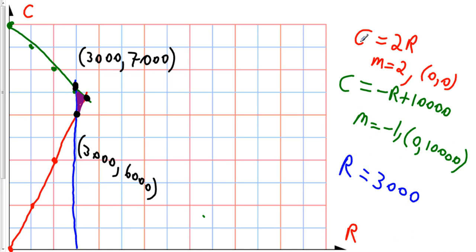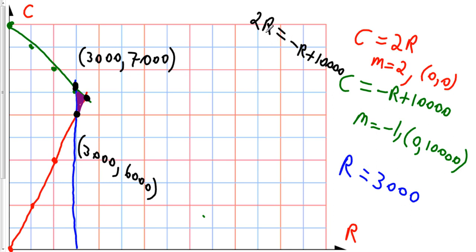Since I already know that C is equal to 2r, I can plug that in here and get that 2r is equal to negative r plus 10,000. I can use this to solve for r.